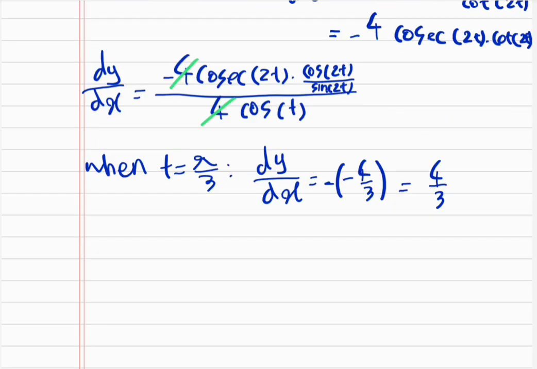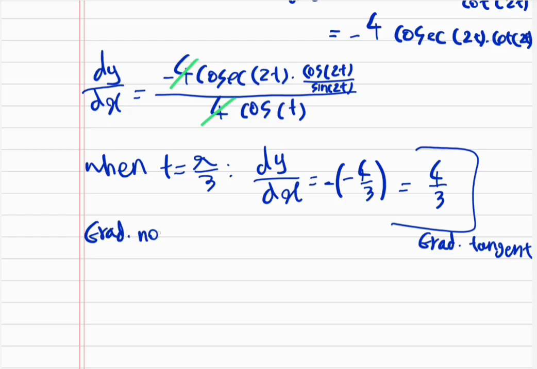And note that this is the gradient of the tangent, but we want to find the gradient of the normal, which is the negative reciprocal of that. So gradient of normal is equal to minus 3 over 4.